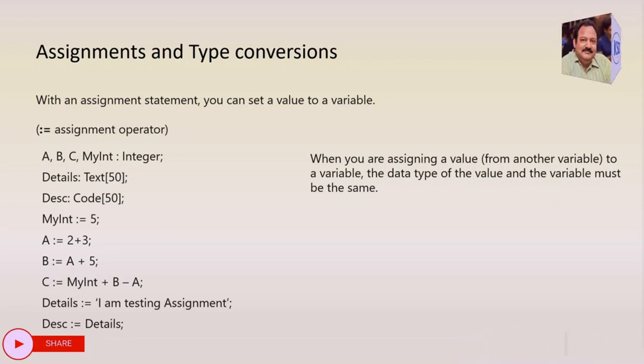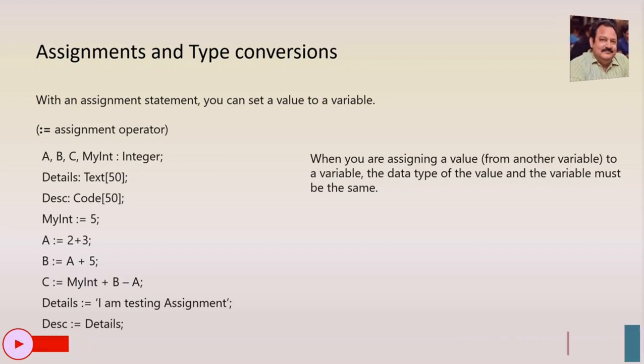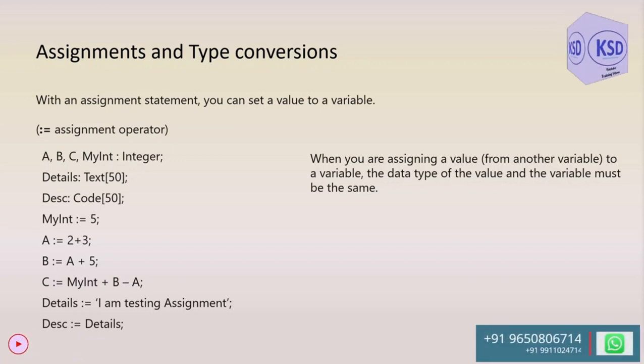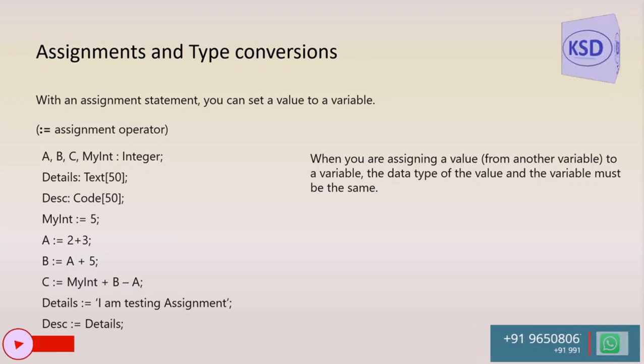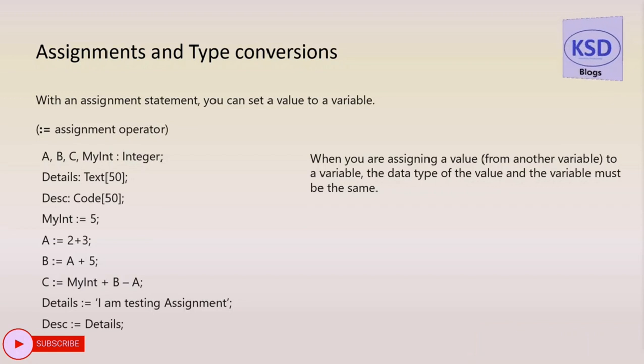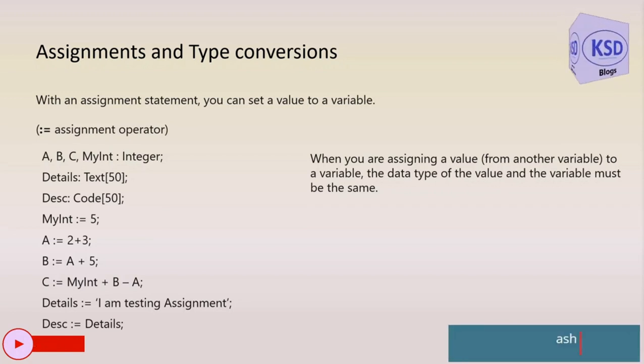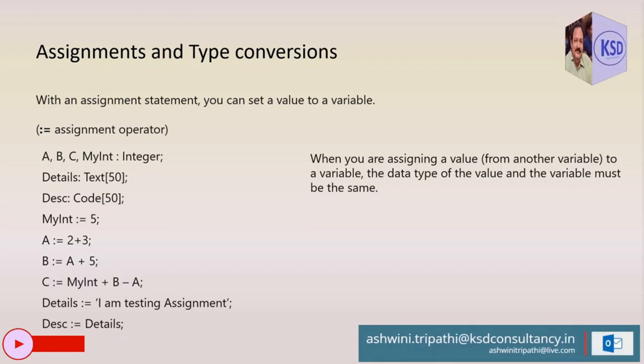We have defined details as a text of 50 characters, which means up to 50 characters you can store. Similarly, we have defined the description with the code data type, and its size is 50, which means up to 50 characters you can store.